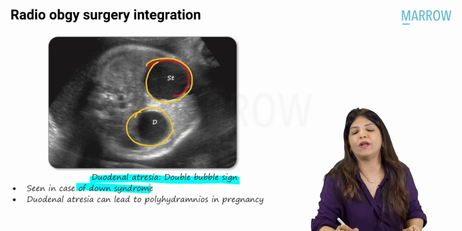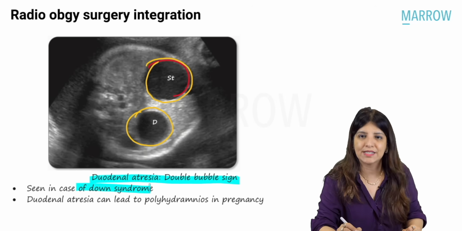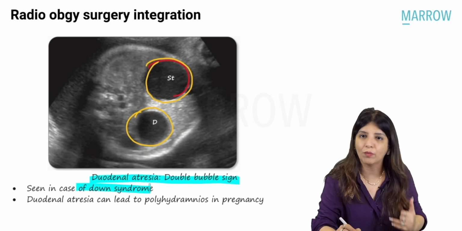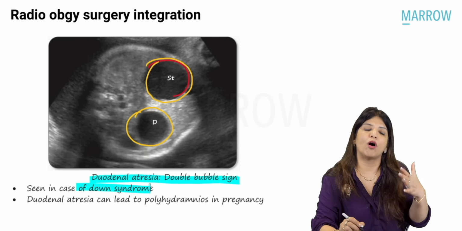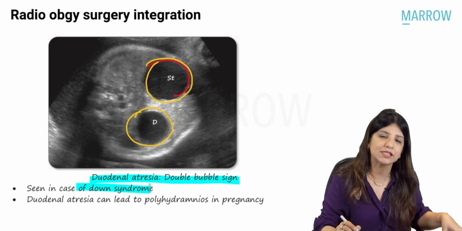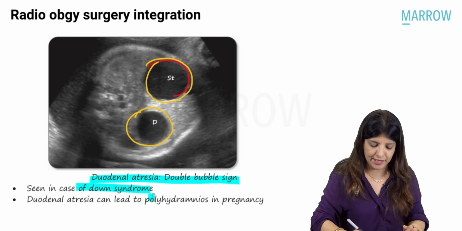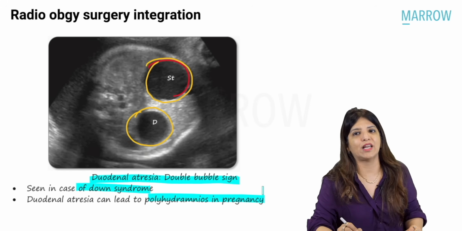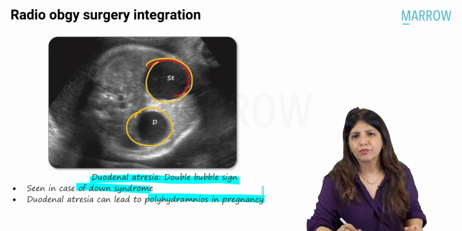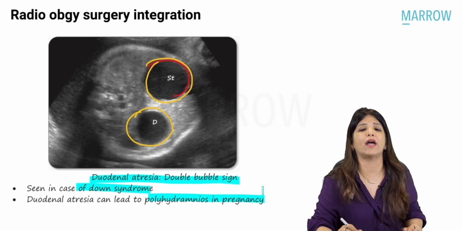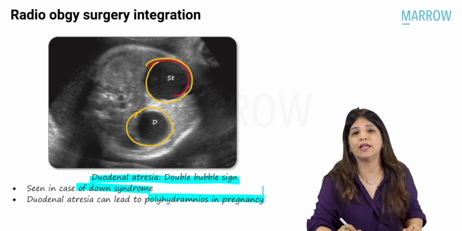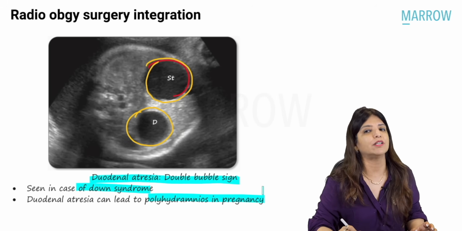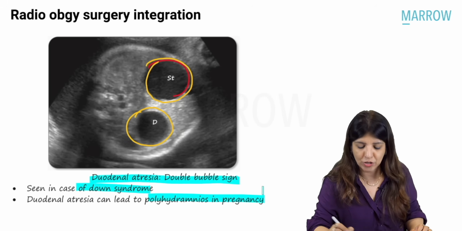And number two, whenever there is going to be duodenal atresia in the baby, there is going to be a swallowing defect. And that is why a complication which is seen in pregnancy because of duodenal atresia is polyhydramnios. So they can show you this image and they can ask you what possible defect can be in the baby and what complication can be there in the mother. So in the mother, it is going to lead to polyhydramnios.